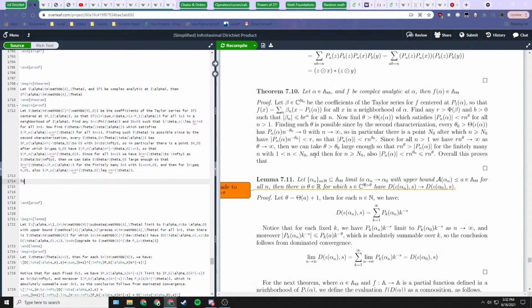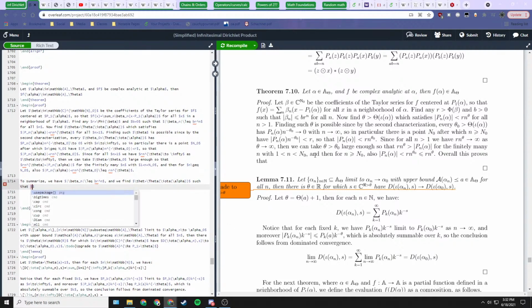Okay, so to summarize, we have f with the absolute value of beta sub n being less than or equal to b r power n, and we find theta greater than capital theta alpha, iota alpha, such that the absolute value of p sub n alpha is less than or equal to r to the n power theta.